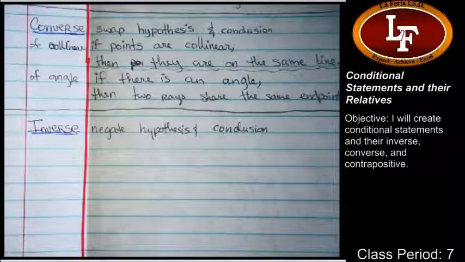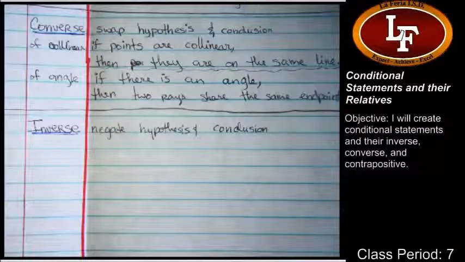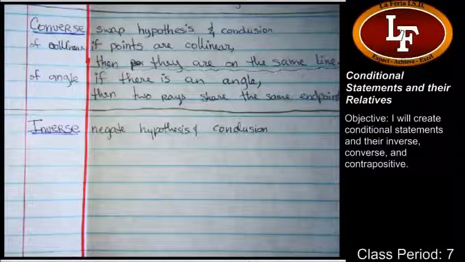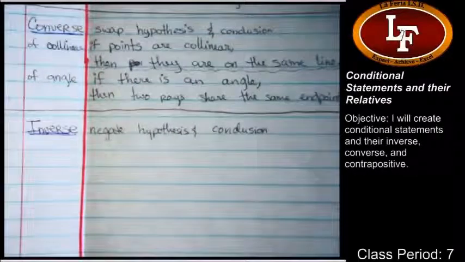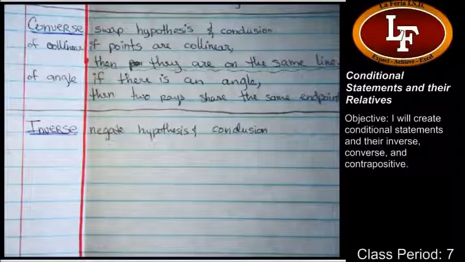It's the opposite of it. So if I said I like unicorns, what would be the opposite of that statement? I don't like unicorns. That would be the opposite of that statement. So that's what you're going to do to the hypothesis and to the conclusion. You're going to try to figure out how you can get the word not in that sentence and have it make sense and mean the opposite of what it did originally.